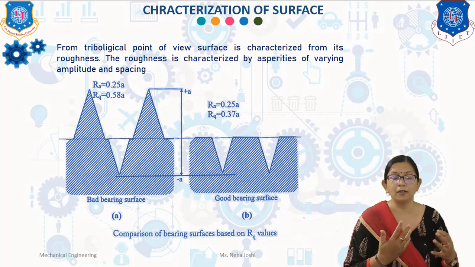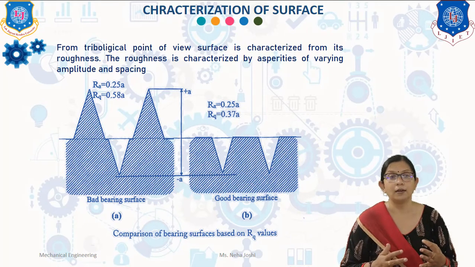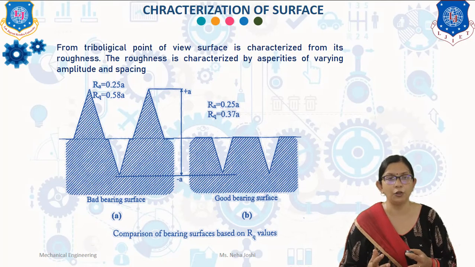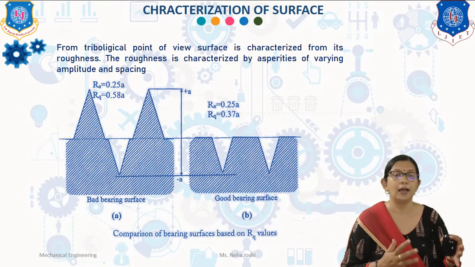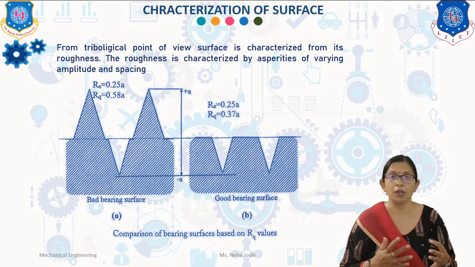To simplify it, consider the following two surfaces, as you can see here in the diagram. In this diagram, the value of Ra is the same for both surfaces, but the value of Rq for the first surface is higher as compared to the Rq for the second surface.